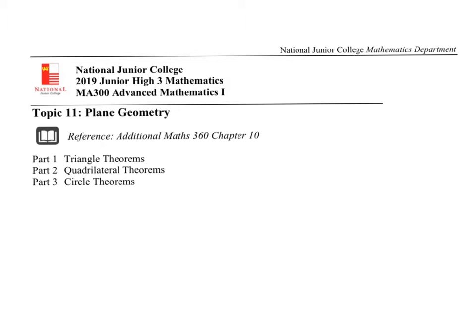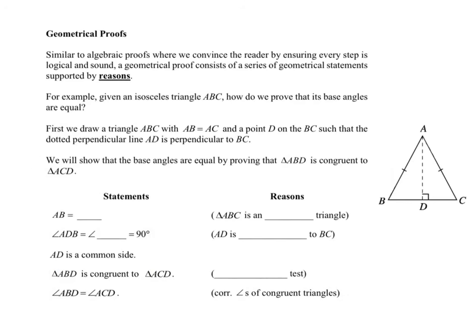Okay, so let's go on and look at the next slide. Similar to algebraic proofs where we convince the reader, when we are showing relationships or proving shapes, we're trying to show that we are proving congruency, that two angles are equal, or that two sides are equal. What we always do is write certain statements and indicate our statements with reasons.